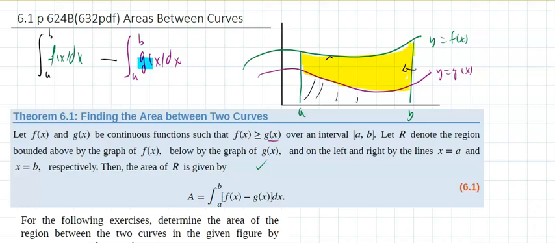But you also notice that, wait a minute, those two integrals have the same limits. They're in terms of the same unknown, so I could simply say the integral of f of x minus g of x dx.